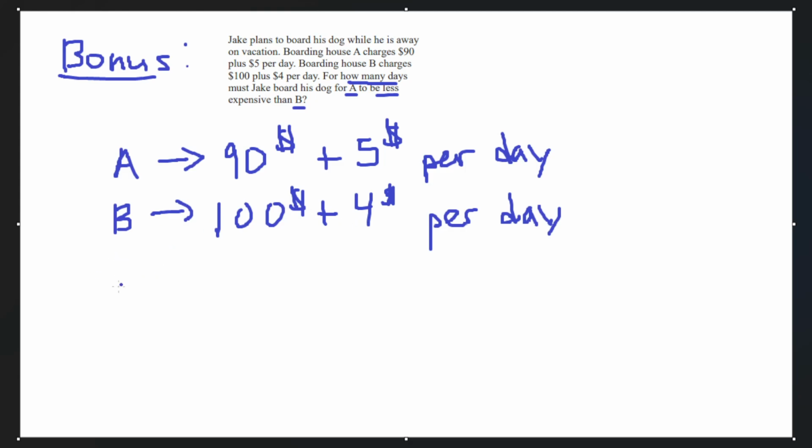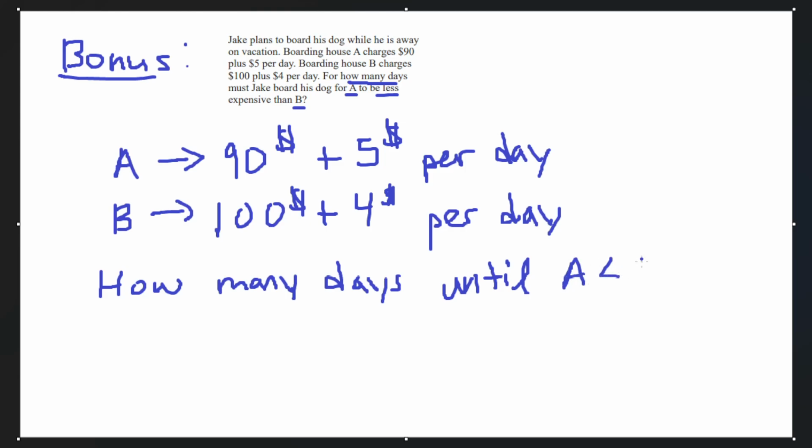And so what we need to find out is how many days until A is less than B. So the amount at A is less than B. How many days can go by for A to still be less than B, basically. So here I'd encourage you to pause, think about it, try to solve it.